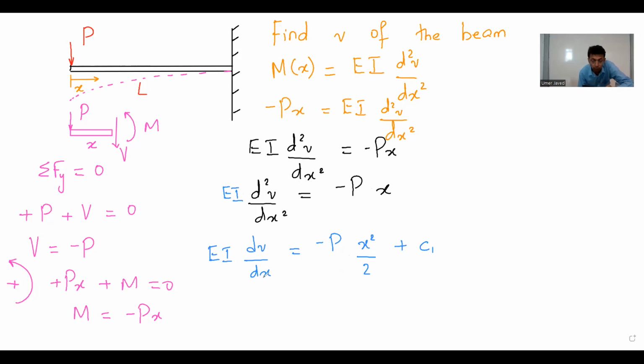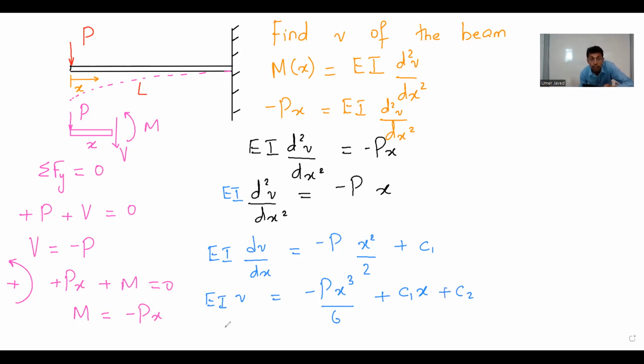Okay, now write v EI is equal to minus Px³ over 6 plus C1x, right? Anything else? Good. Thank you. Plus C2.